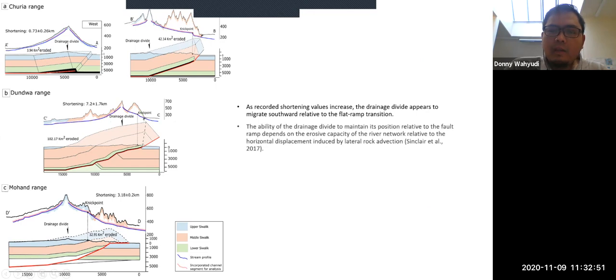The ability of the drainage divide to maintain its position relative to the fault ramp depends on the erosive capacity of the river network relative to the horizontal displacement induced by lateral rock advection. So we think that what caused the drainage divide migration to the south, and the asymmetry of the knickpoint as well as the asymmetry of concavity, is the lateral rock advection, which is facing southward in the frontal Himalaya.